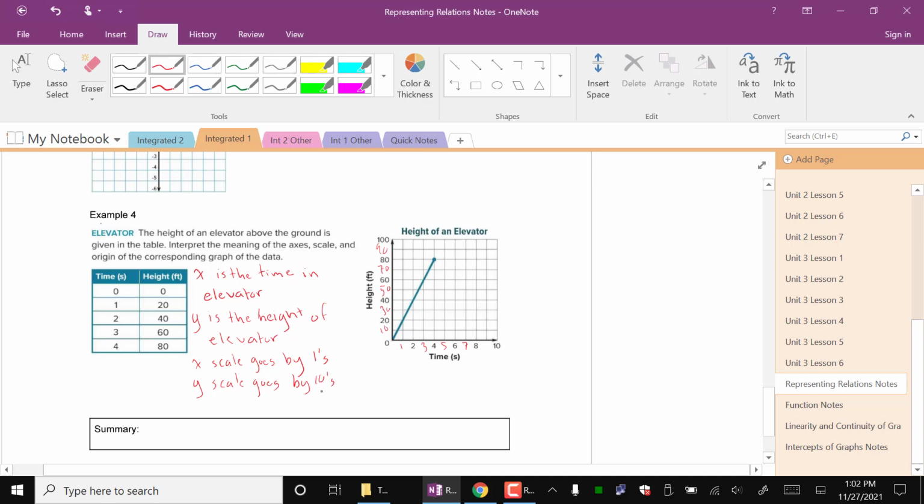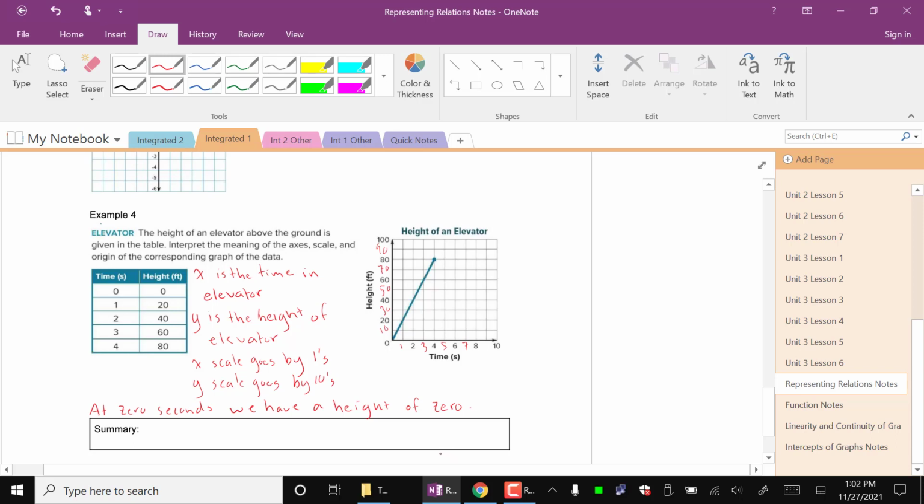So what does the origin mean? What does that initial point right here mean? That initial point in this means at 0 seconds, we have a height of 0.